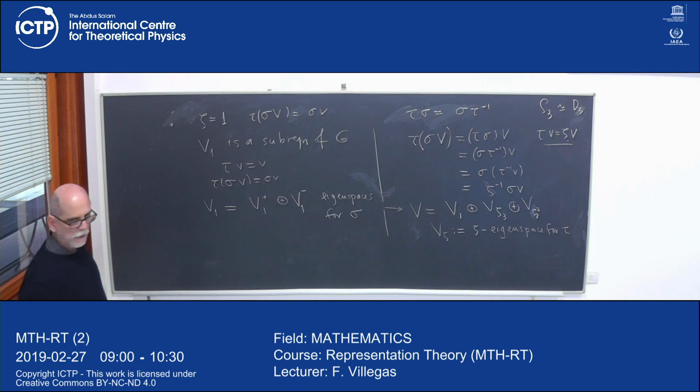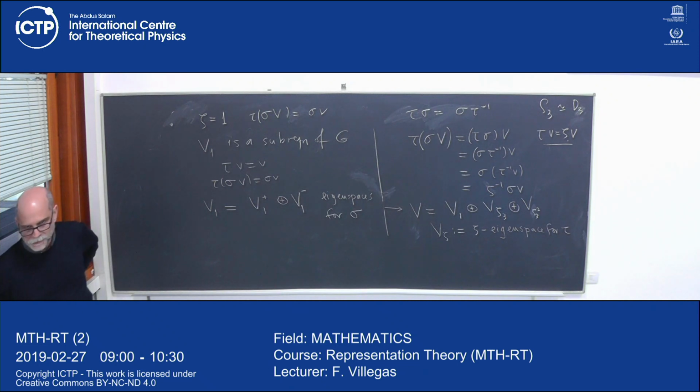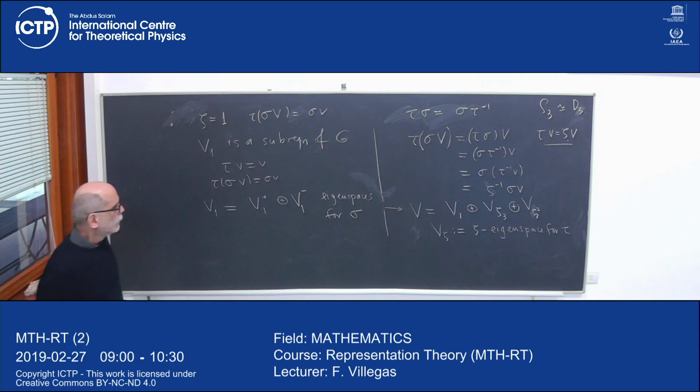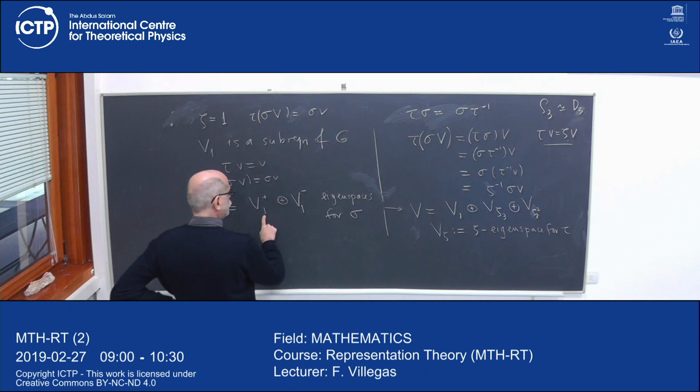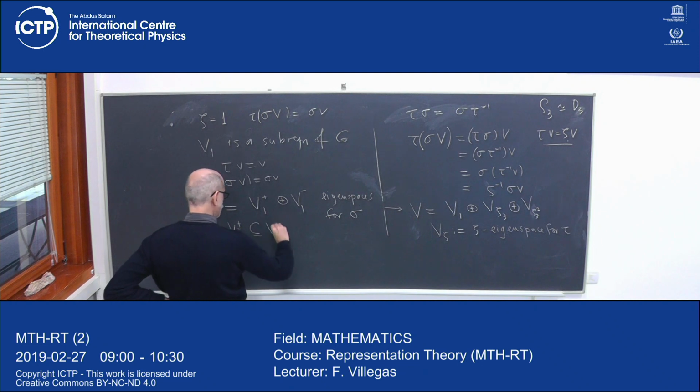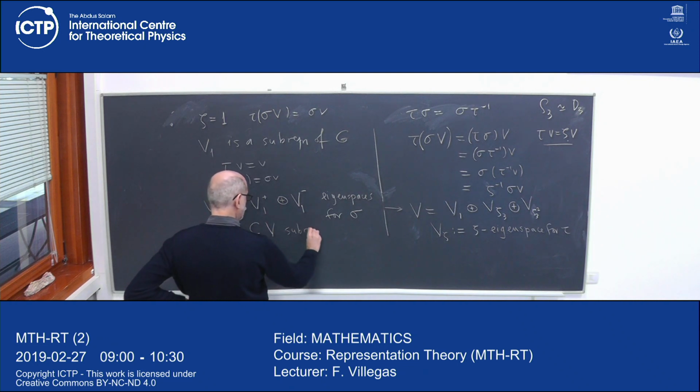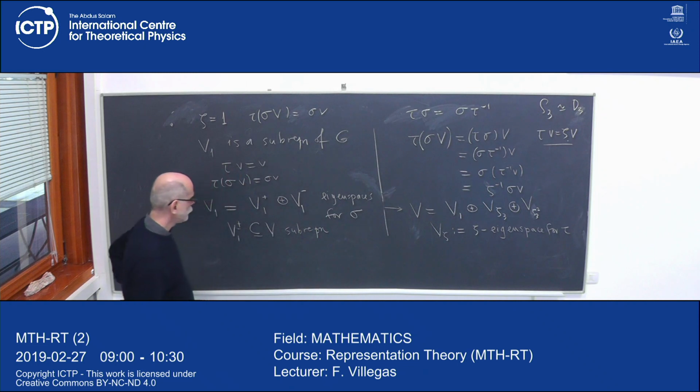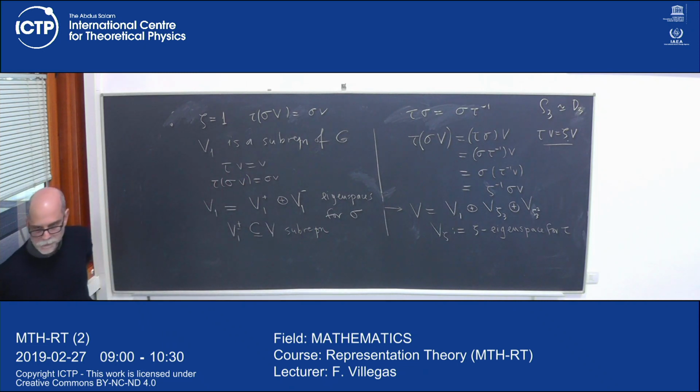And tau fixes everybody in this space, so it doesn't play any role. And these are themselves sub-representations of V, because tau takes them to themselves, and so does sigma. And what are these representations?